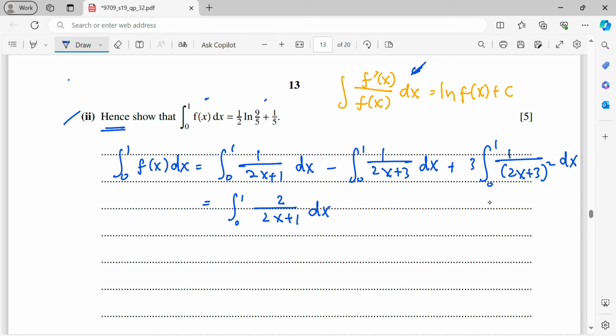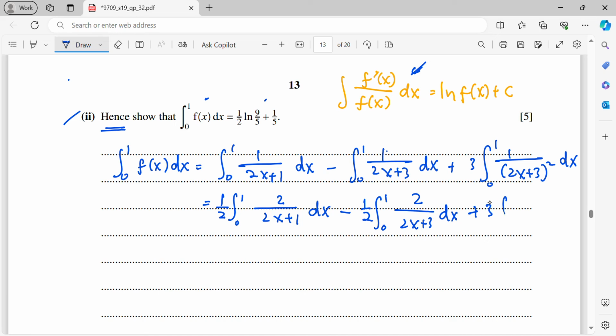To get back 1 from 2, we need to times half outside. Then minus 0 to 1. Now, for this ln formula, if you do not get exactly the same f prime x, you are allowed to times a constant outside. Okay, just a constant. So again, differentiate 2x plus 3, it should be 2. To get 1 from the previous question, that is half outside. And for the last integration, because the power is 2, we have to move up.